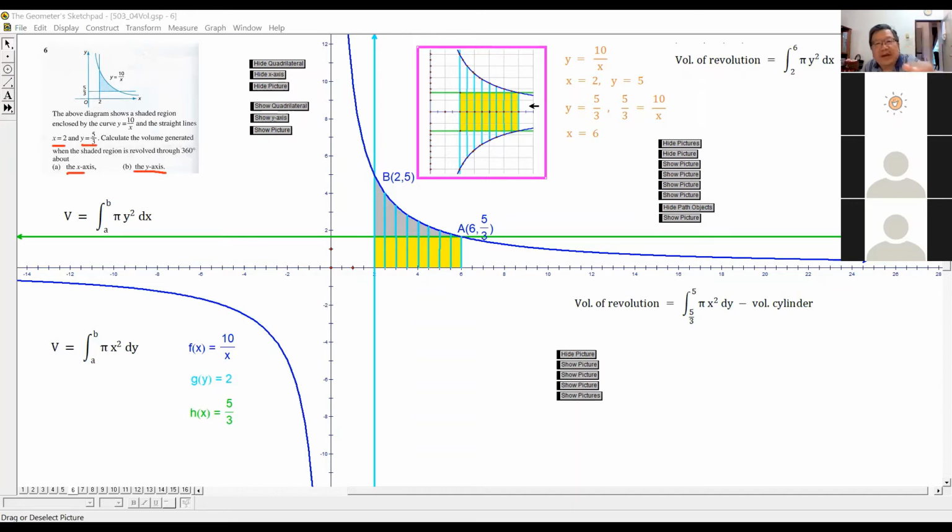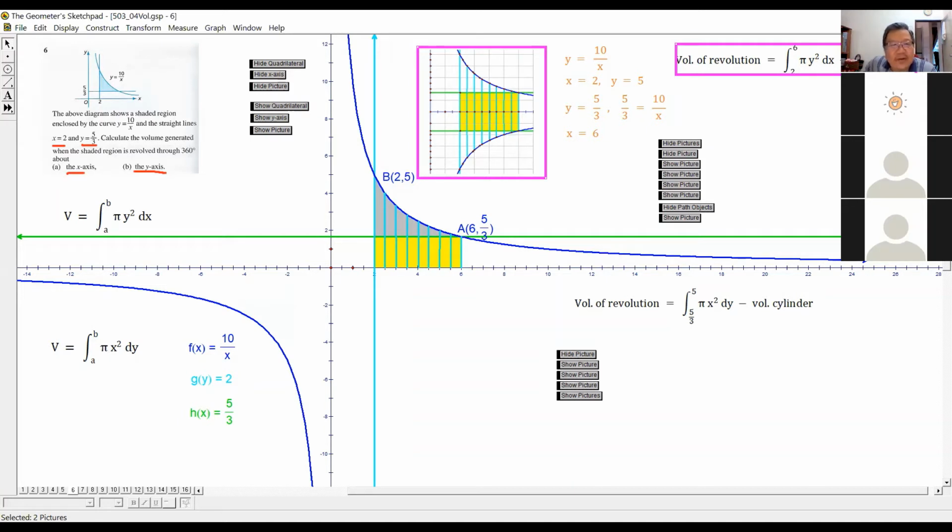Then the yellow part, when you rotate, becomes a cylinder. So what I want to find, the volume of revolution required, is the blue part, which is pi y squared dx, minus the volume of cylinder. Is this okay or not?